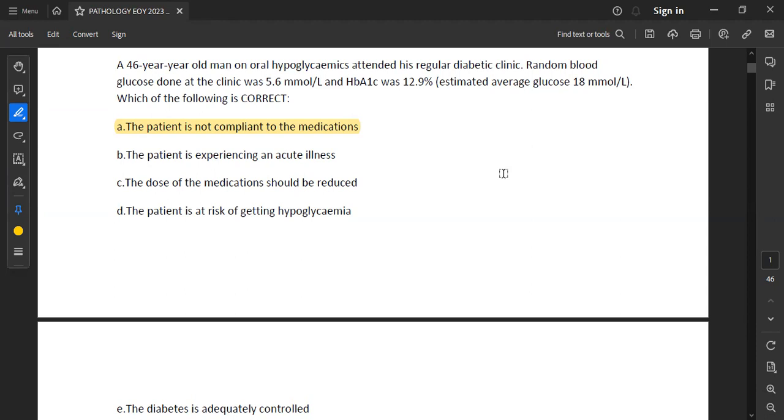The patient is at risk of getting... why is RBS normal? Nate, can you help me? Besides the fact that it's between 3.2 to 7.8, I don't think I can give a reason why the values are differing.